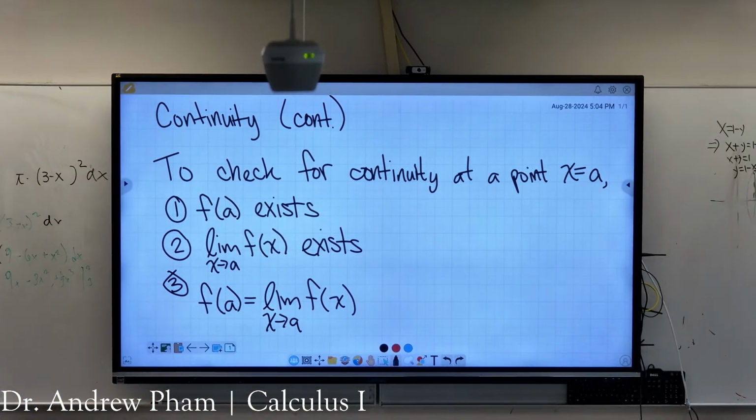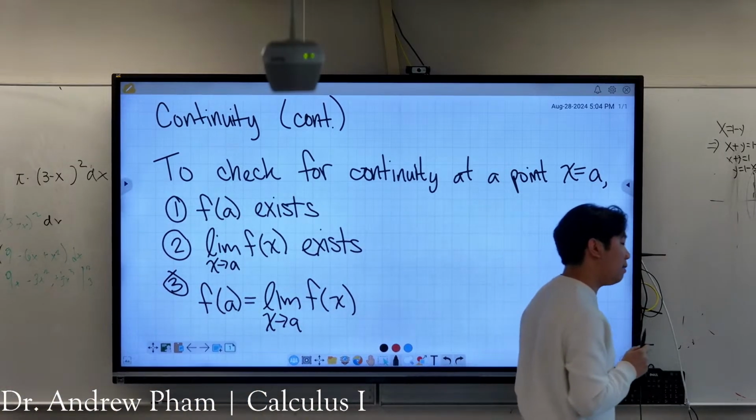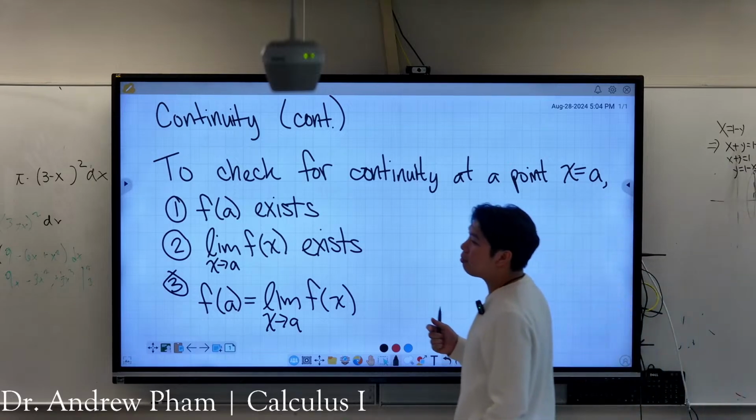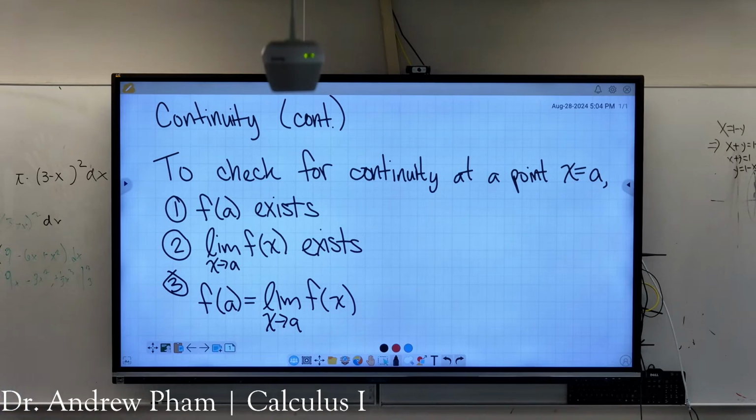So these were the three things I was looking for. In order to be continuous at a point, I need all three conditions to hold. If even one condition fails, then everything fails. It tells me that I am not continuous at that point. So one problem is enough to ruin continuity for us.